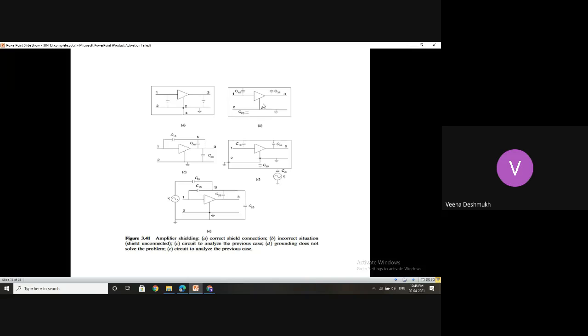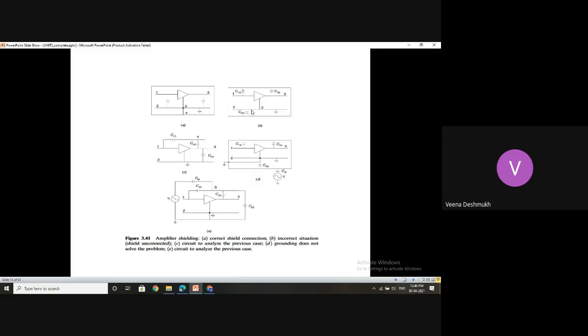Now here, how many capacitors are getting developed? Between the second conductor and shield, there is this capacitance C2S. Between the first conductor and shield, there is one more capacitance C1S. And between the third one and the shield, so these three capacitors are coming into picture.